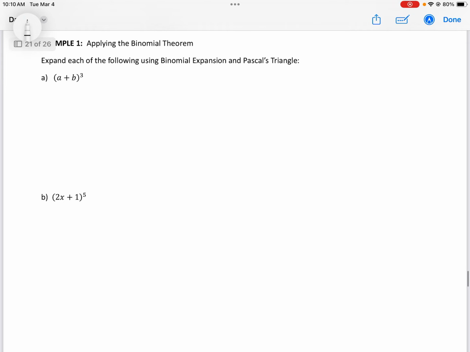So let's actually apply binomial theorem, and I'm going to show you how to pattern these. We have the same question as above. Let's start with the choose function. So we're going to say 3 choose 0, 3 choose 1, 3 choose 2, 3 choose 3.